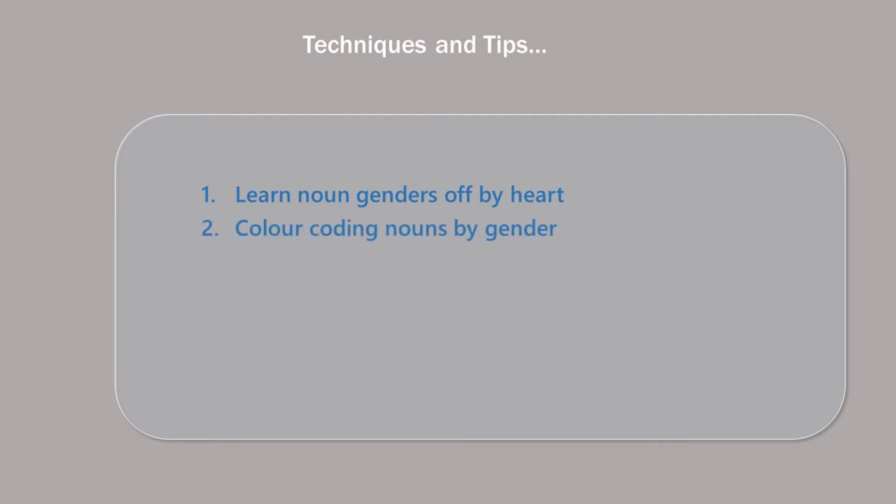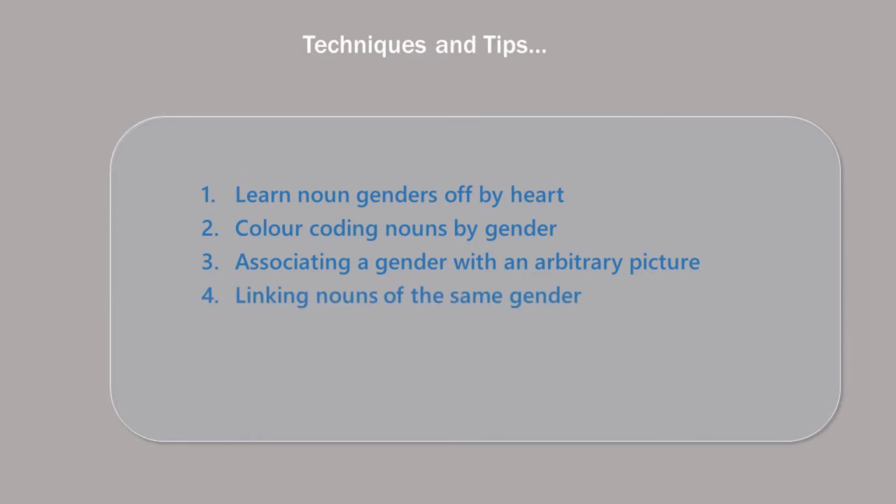Number 2 would be colour coding them, whether that is in an exercise book or a folder or electronic. Number 3 would be associating a gender with an arbitrary picture. Number 4 would be linking nouns of the same gender and then constructing a story, or it could be a poem, where you group them together.